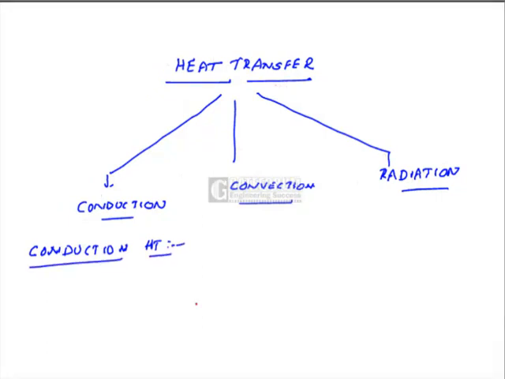Conduction is the mode of heat transfer which generally takes place inside the solids due to temperature difference by free electron transfer and also by molecular lattice vibration. The example to this phenomena called conduction could be given like this.